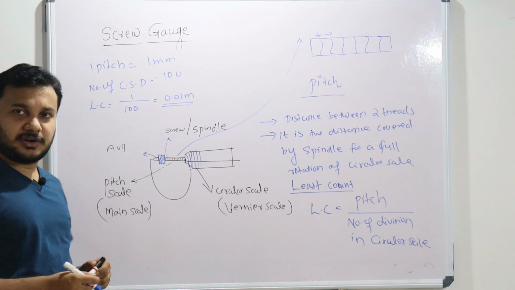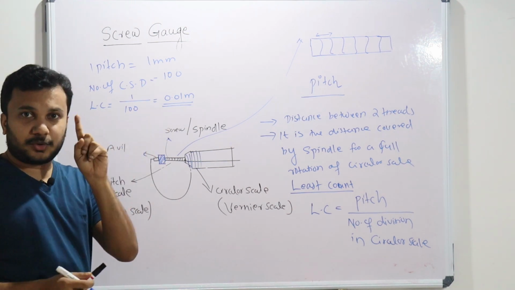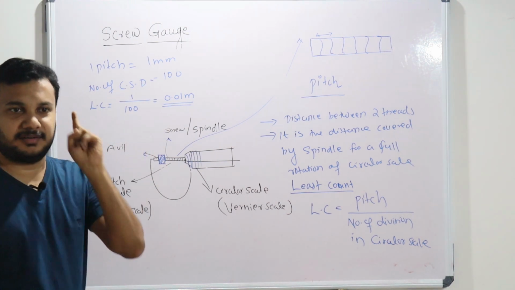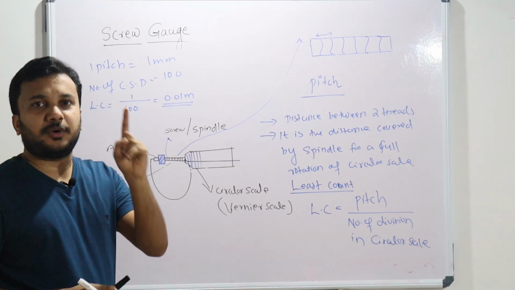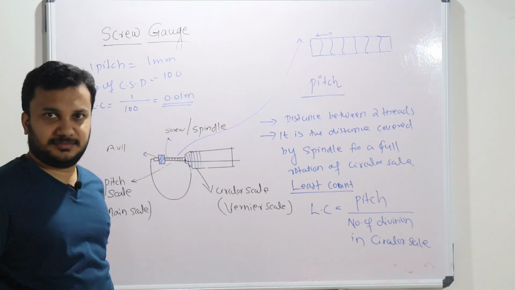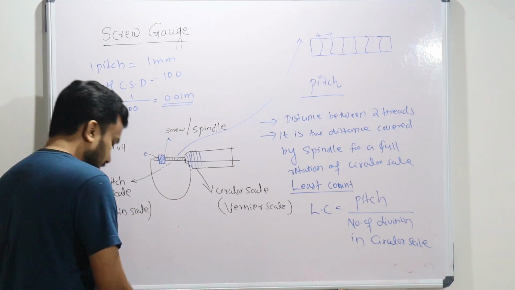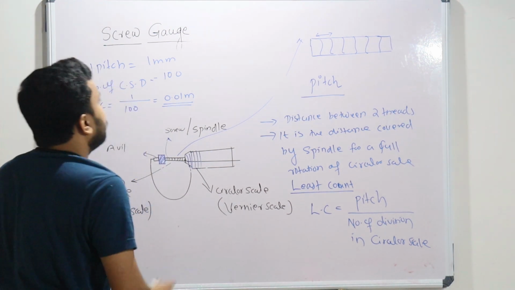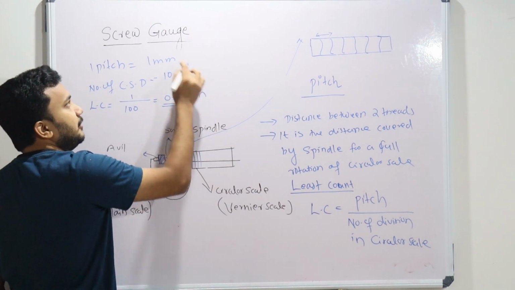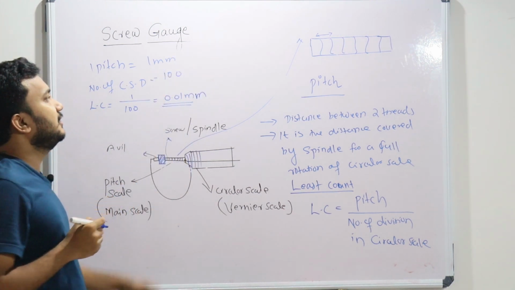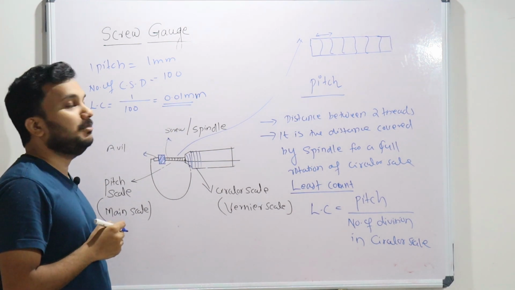Now we are at the least count. With this accuracy I can measure 1.01, 1.02, 1.03. This is in millimeters, because the numerator is in millimeters, so 0.01 millimeter.